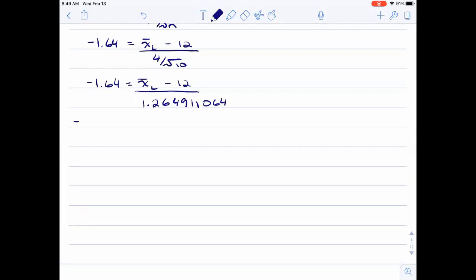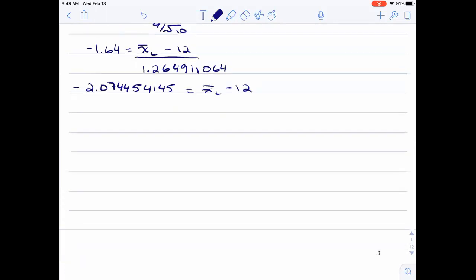So I get negative 2.074454145 is X bar lower minus 12, so plus 12. So the mean on the lower end, capturing the central 90%, is 9.925545855.